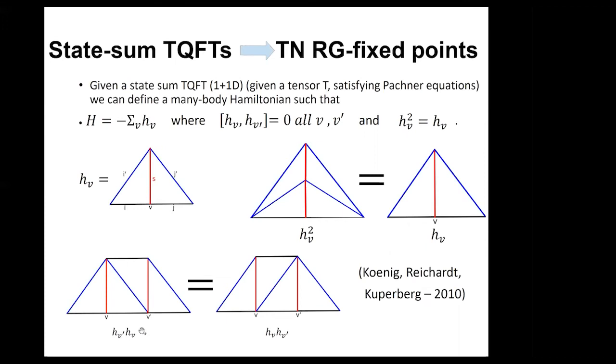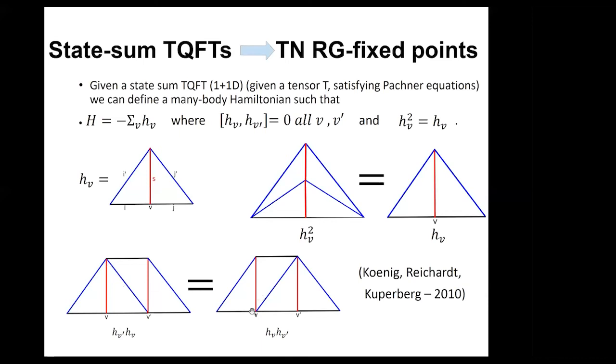Acting first with the Hamiltonian on the vertex V, meaning that we lift this vertex, and then H_V', we lift this vertex. This is equal to first lifting vertex V' by the Hamiltonian term H_V', and then by H_V, simply because of retriangulation invariance again.